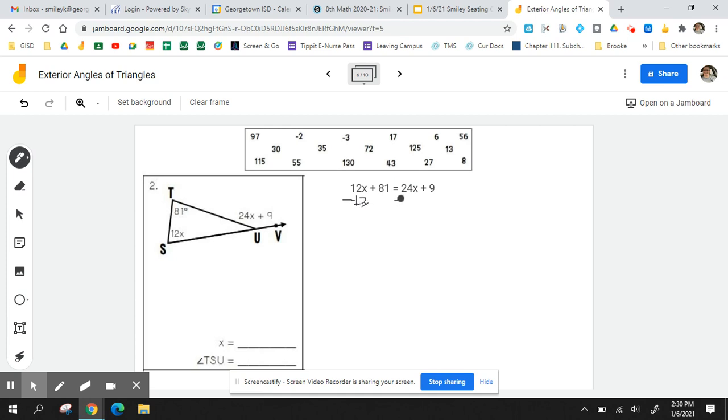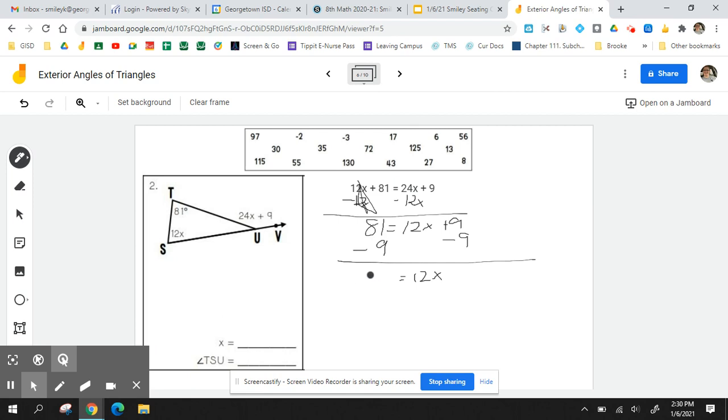I'm going to minus the 12x to underneath that 24x. My 12x's cancel. 81 equals 12x plus 9. So minus your 9. Okay. And when you solve, you have 12x equals, if you do 81 minus 9, you get 72.